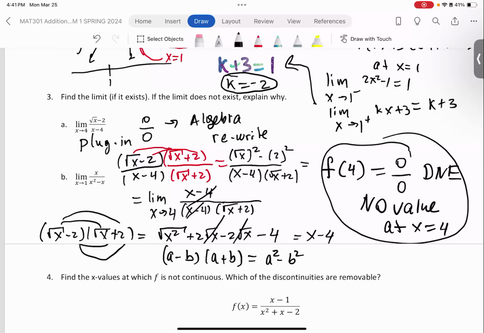When you reduce it, the numerator doesn't disappear. It becomes 1. I see this often in algebra: you did this work, but the 1 is still there. The fraction doesn't go away. You still have 1, and then you plug it in, and you get 1 over the square root of 4 plus 2, which is 1 over 2 plus 2, so 1 over 4.